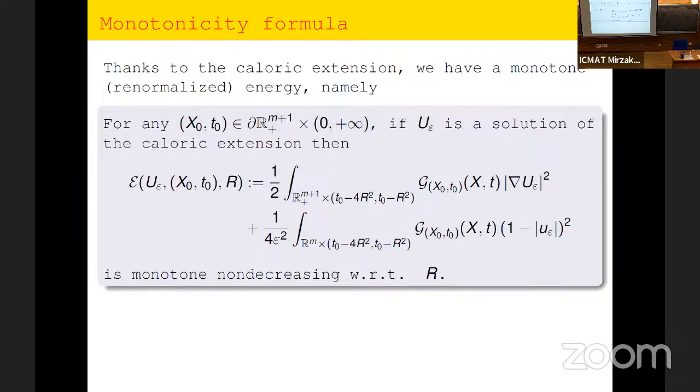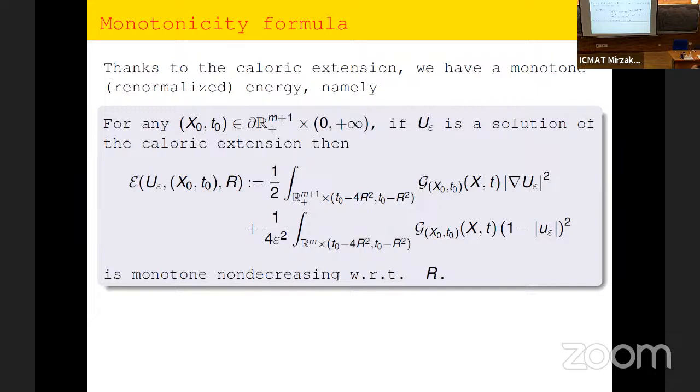So you take the Dirichlet energy, the gradient in x and y of U epsilon, and you multiply by this factor, which I will now tell you what it is, and you integrate in this parabolic cylinder, and then you also control on the boundary the Ginzburg-Landau term.